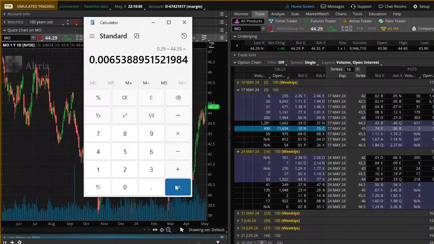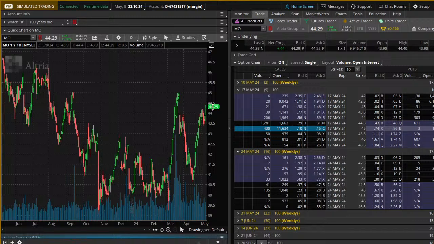It's a little over 0.5% per week. So what does that come to a year? Multiply that by 52. All right, it's 34% a year. The company's not giving you 1% per week. They're giving you a little bit less than 1%, but it's still 34%. Where else are you getting 34% on a company that's over 100 years old? Seriously, 100 years old.